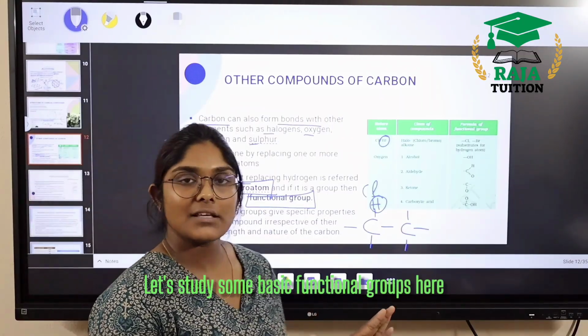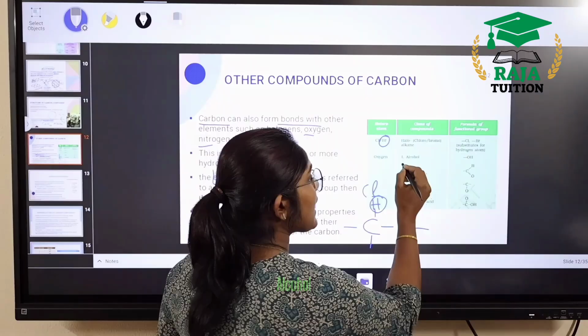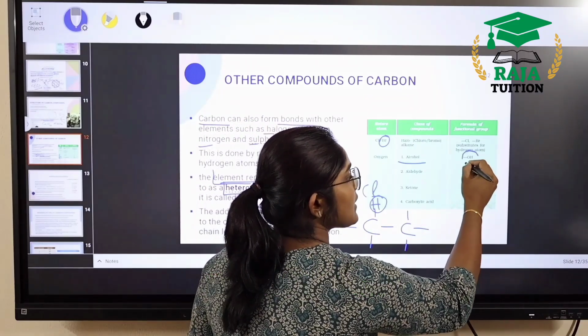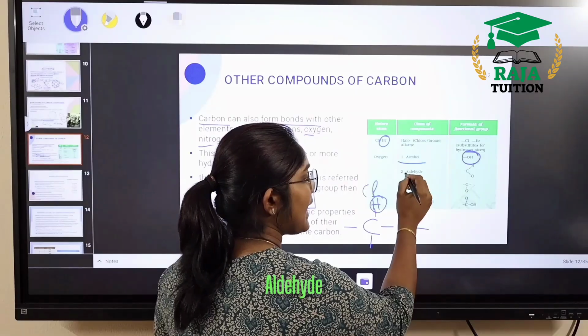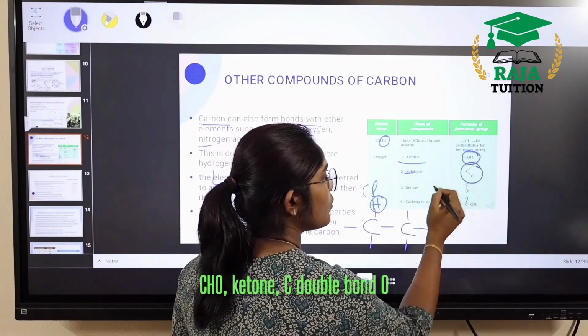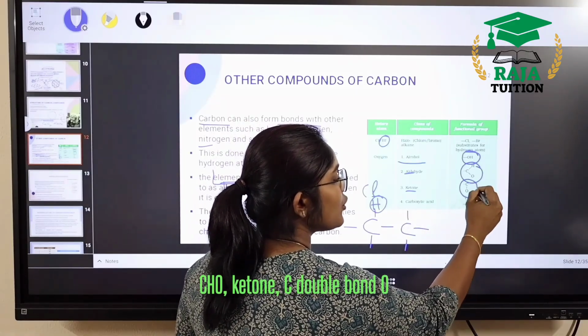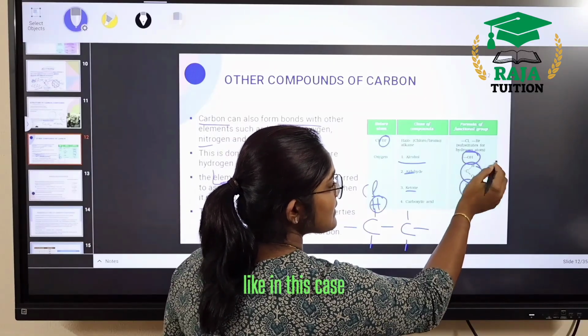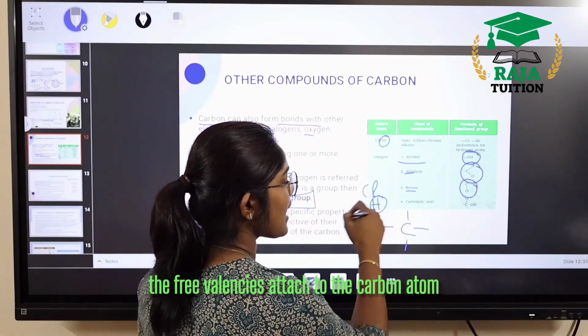Let's study some basic functional groups here. Alcohol has the formula OH. Aldehyde, CHO. Ketone, C double bond O. The free valency is attached to the carbon atom.